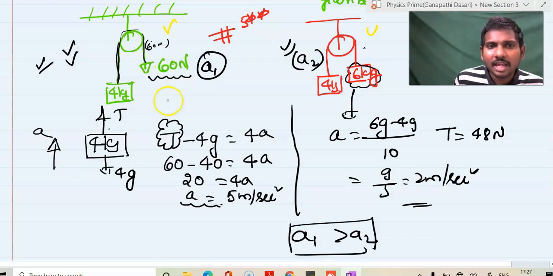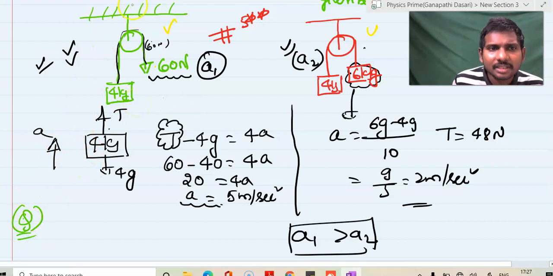Suppose there is a difference in both the cases, and suppose another question is asked in the same part, from the above situations, consider this is a PQ string and this is RS string.